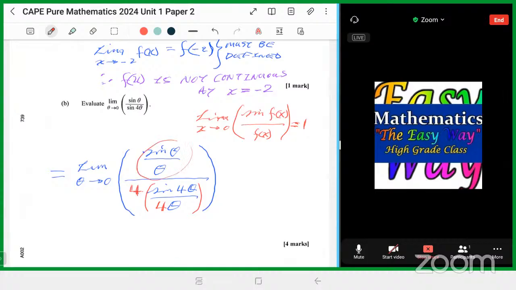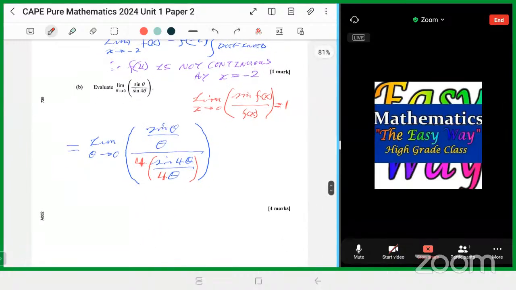That's what I'm going to do. And so this resembles that setup, and this in the bracket also resembles that setup: 4 theta, 4 theta, theta, theta. When I apply the limit, this is going to be 1 and this is going to be 1.